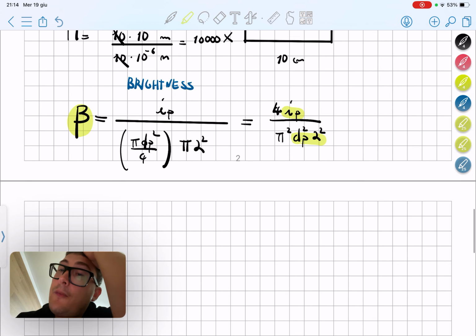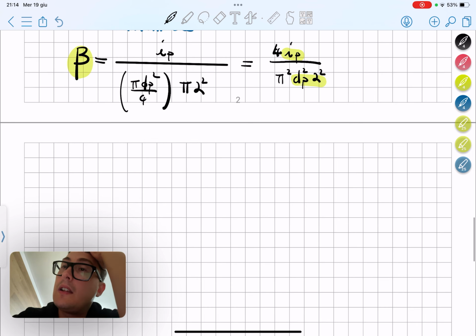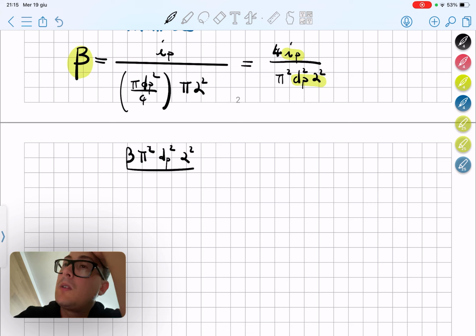If it were not for a phenomenon which is called aberration, we could consider, let's reverse this equation, pi squared dp squared alpha squared divided by 4.